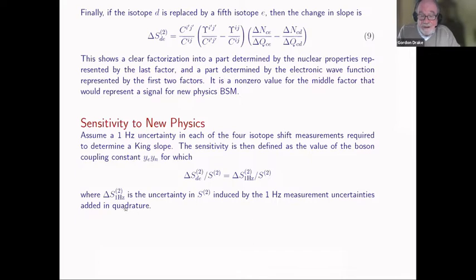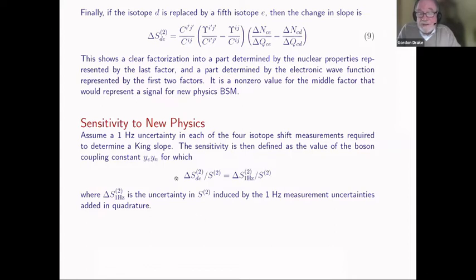Sensitivity to new physics: what is common in the literature is to assume a 1 Hertz uncertainty in each of the 4 isotope shift measurements required to make a King plot, and then to calculate the sensitivity, to find what change in slope would correspond to the 1 Hertz uncertainty in the measurement.